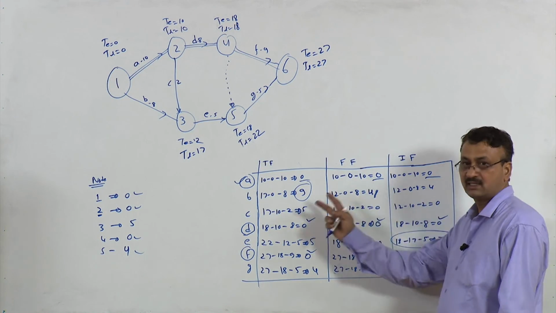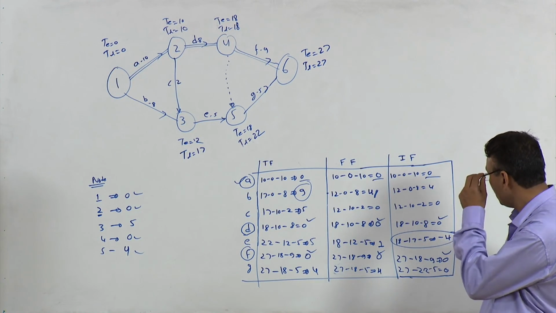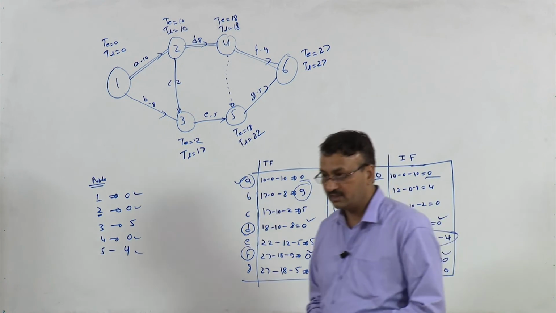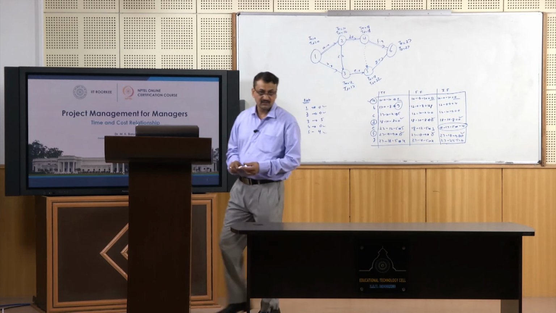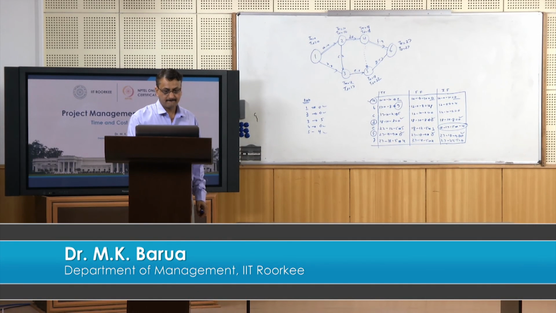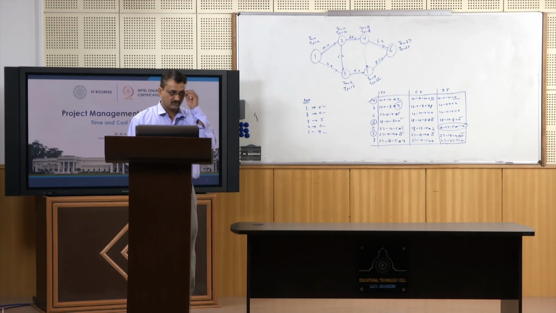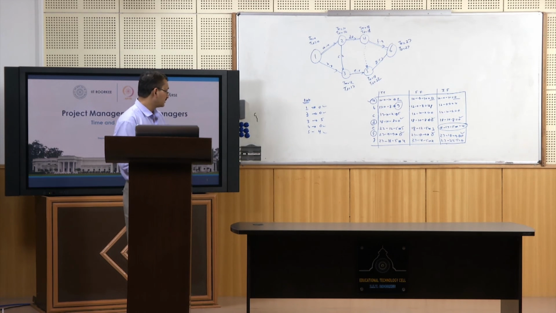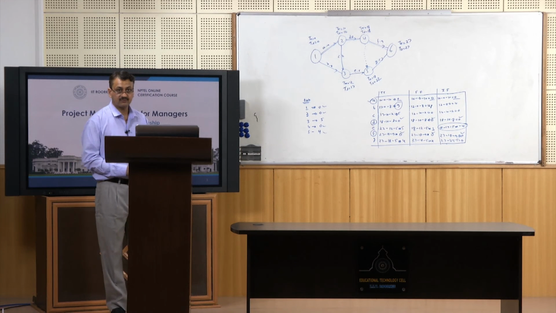However, they all may be equal, and only independent float can take a negative value. So we will take up one more question on how to calculate total float, free float and independent float.